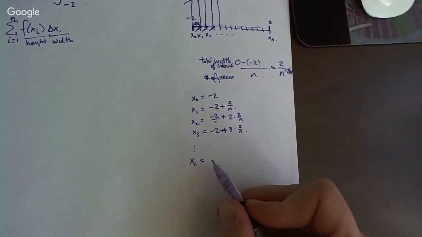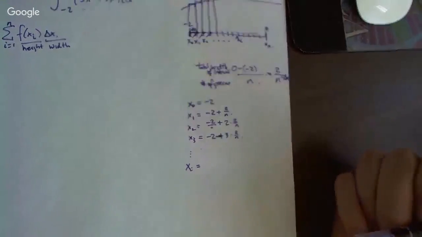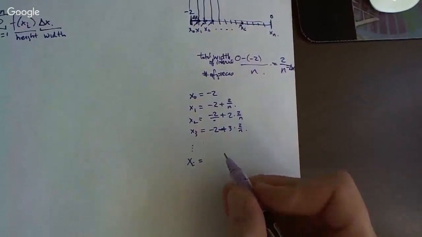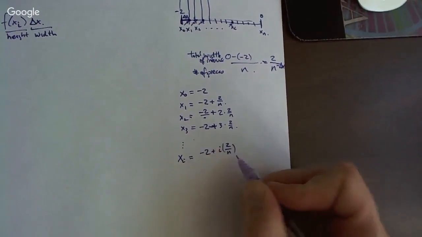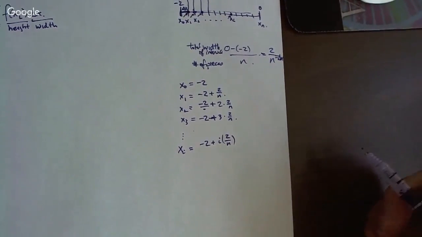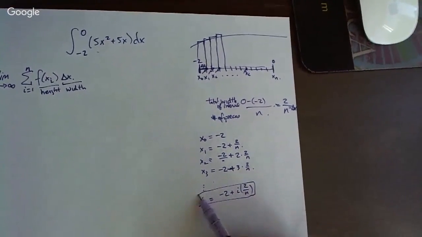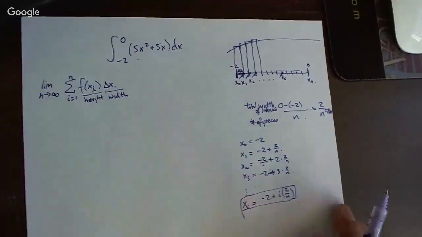And so in general, at x sub i, the endpoint is -2 plus i copies of delta x, 2 over n. Okay, now this is good because we're going to take this x i and plug it in into the equation.